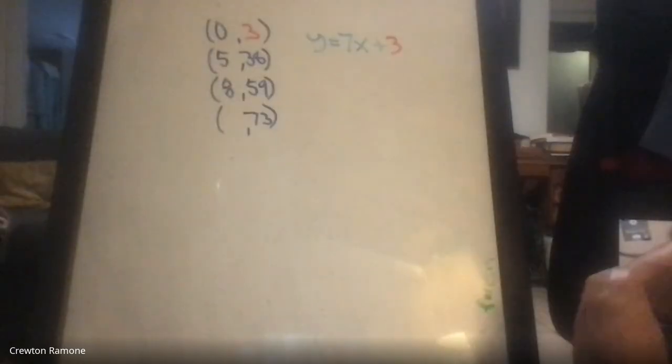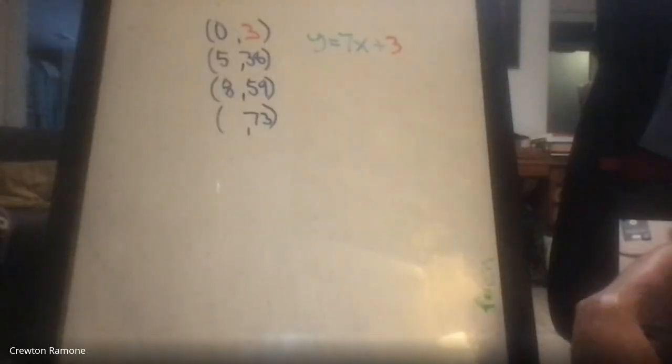So 73 is the same thing as 7x plus 3. Correct. So now I must take 73 minus 3, which is 70, and then divided by 7, which is 10. So they took 10 hours.